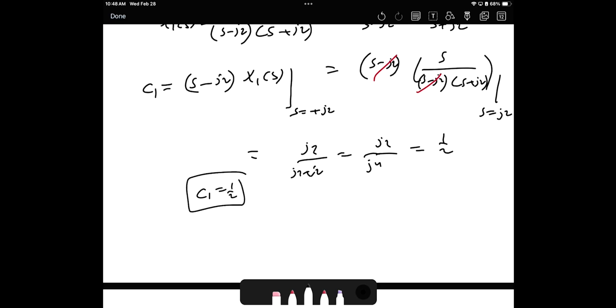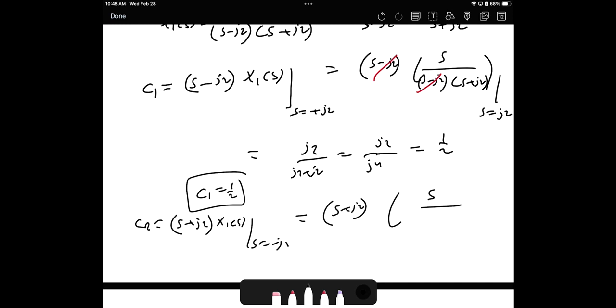How about finding c2? c2 is s plus j2 times X1 of s when s equals negative j2. This makes it s plus j2 times s over (s plus j2)(s minus j2); the s plus j2 terms cancel each other, and s equals negative j2. So the answer will be 1/2.